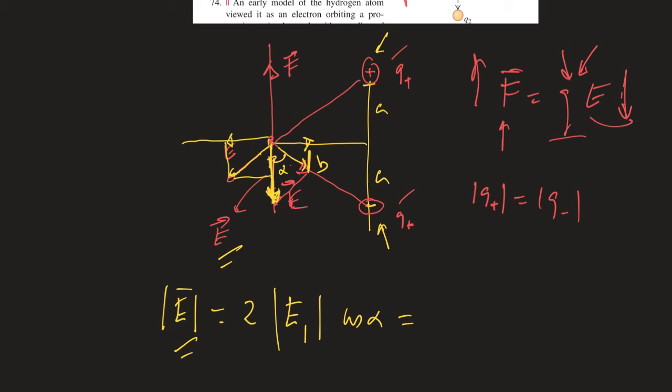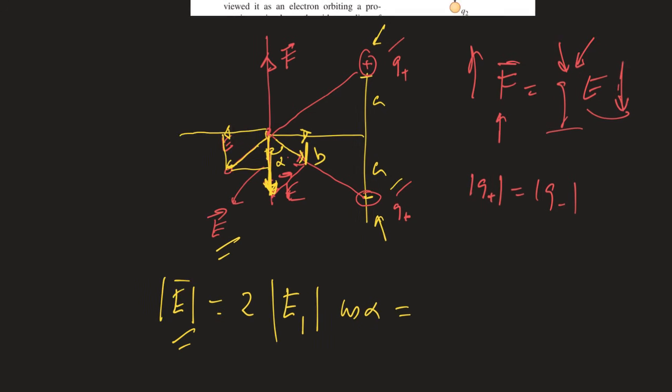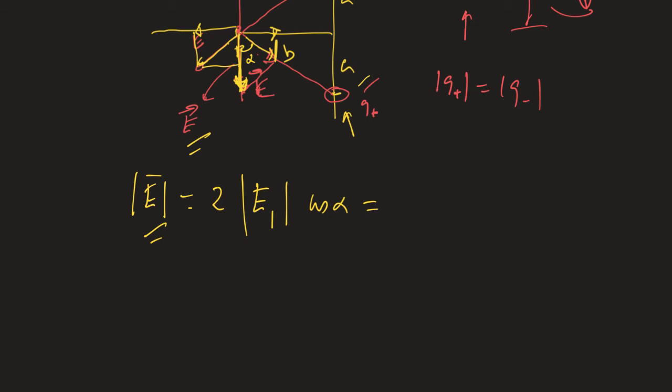One is the projection of the negative charge, the other is the projection of the other electrical field. So the magnitude of E will be 2 times the magnitude of E1. The magnitude of E1 is K, Q positive or Q negative, doesn't matter, divided by d squared. d squared is A squared plus B squared, times the cosine of alpha.